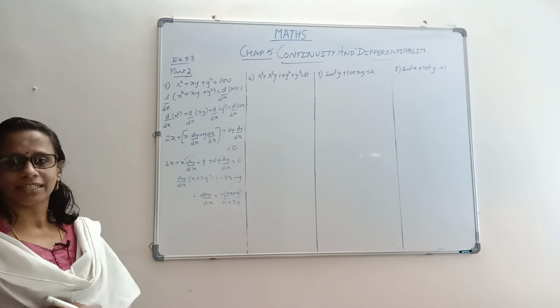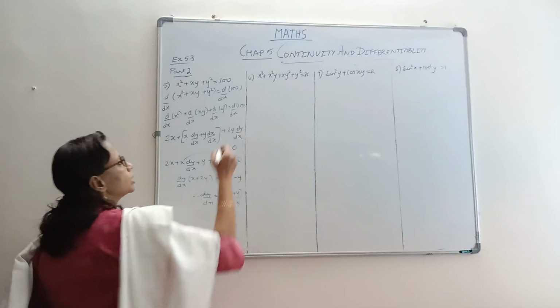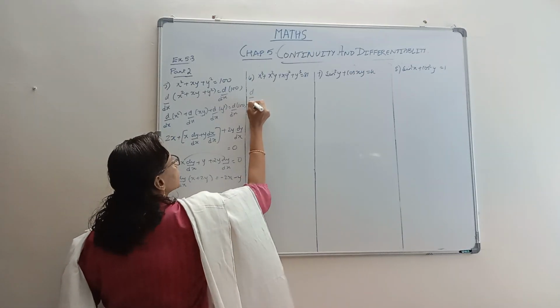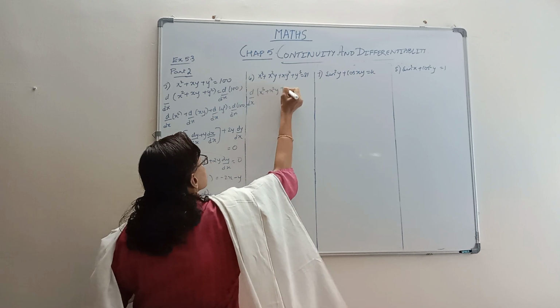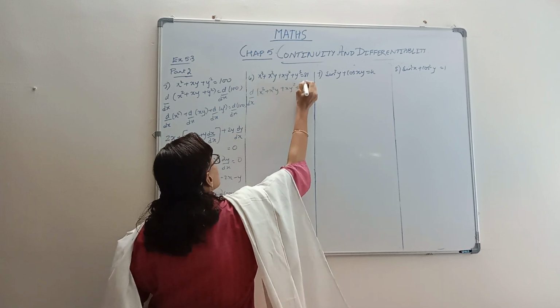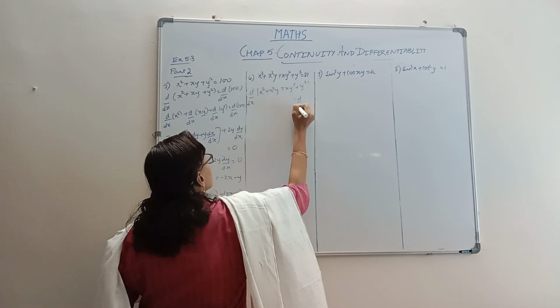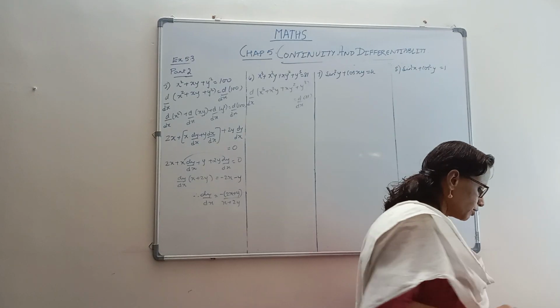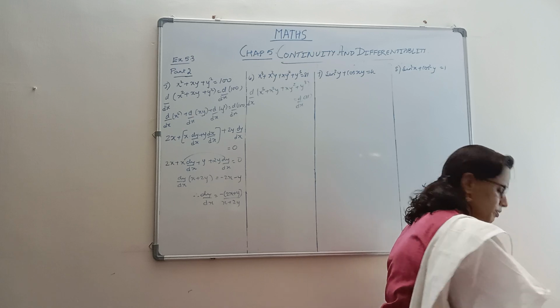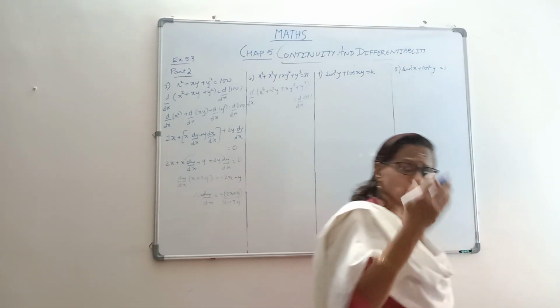Somewhat identical is the next. So that also we will do, d by dx, taking the derivatives on both sides, of x cubed plus x squared y plus xy squared plus y cubed and the derivative of 81. Now we have learned that the derivative of a constant is 0. So at the very first step we will drop it so that we don't have to keep on carrying it throughout.